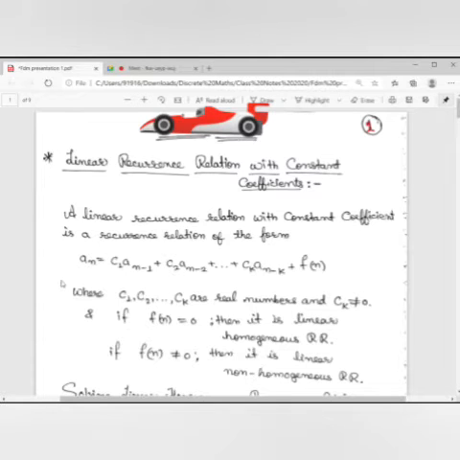Recurrence relation with constant coefficient. Now we will recall some simple things.